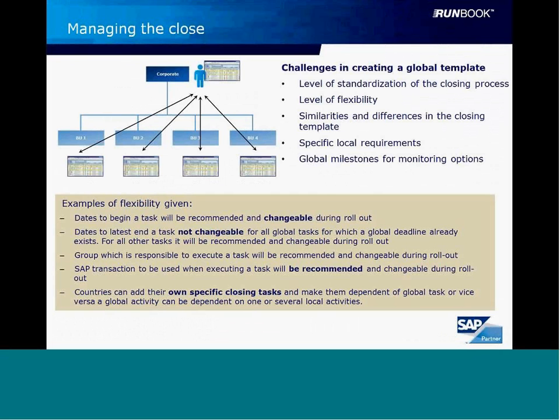Now, how do we manage the flows? We build one master checklist, and what we do is we copy this checklist down to your reporting units. In most cases, the lowest level is the company code, because at the end, most companies close per company code, but it can also be that you have a different setup. So it's not tied to the company code structure in SAP. You are flexible.